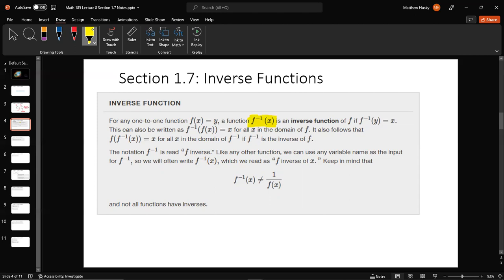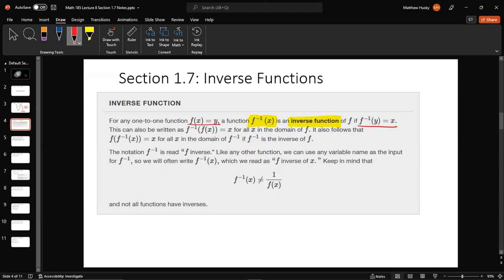You put the little negative 1 up there, and that symbol means inverse function. So that will be an inverse if f negative 1 spits out x. So you put y into the inverse and get x, and that undoes it if you put x into the function and get y.